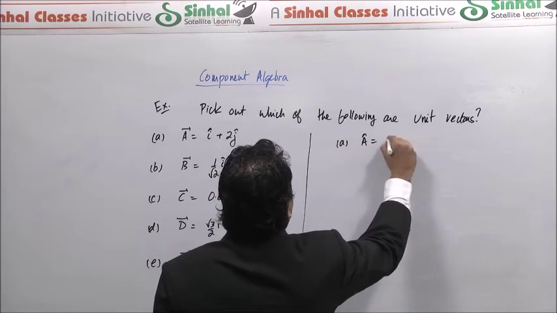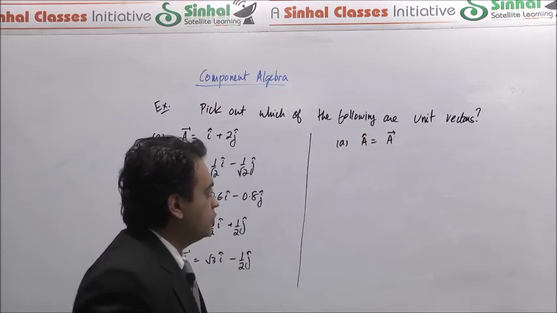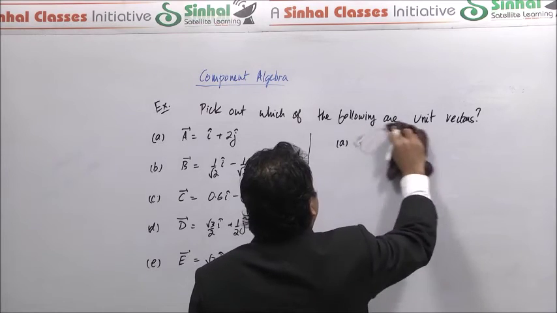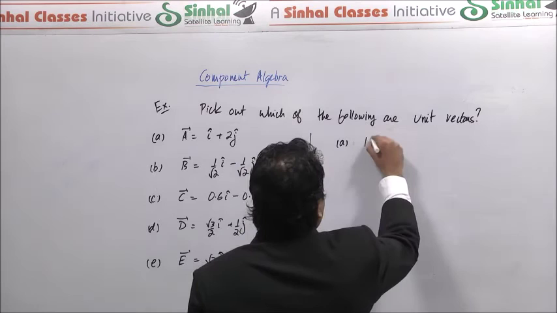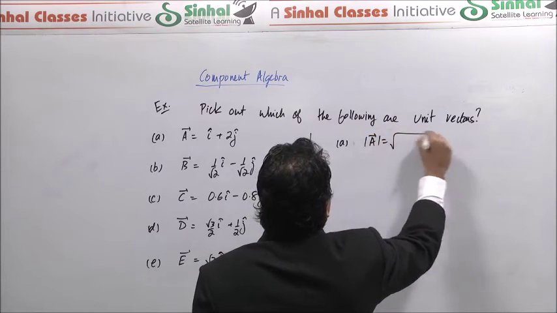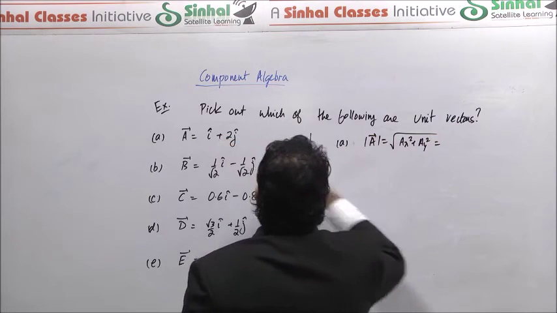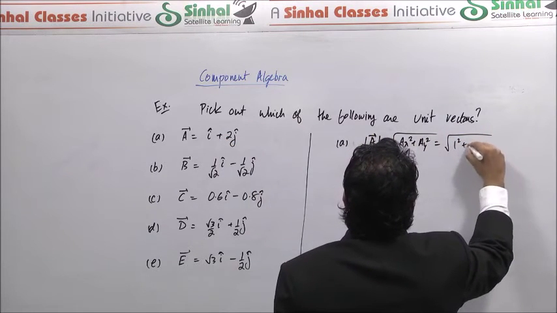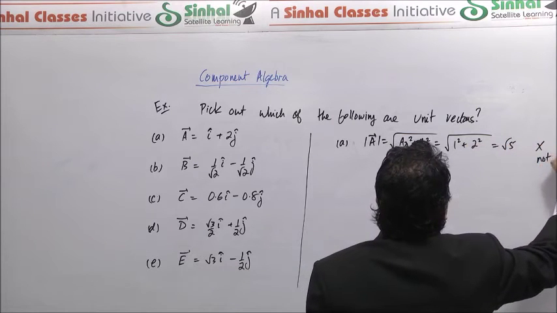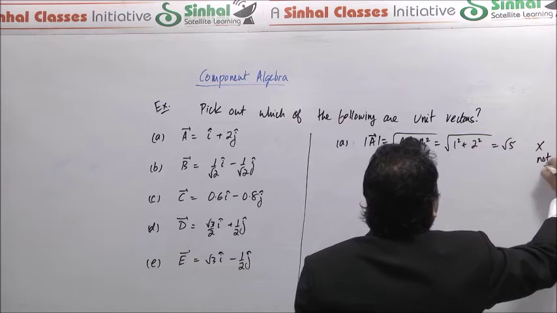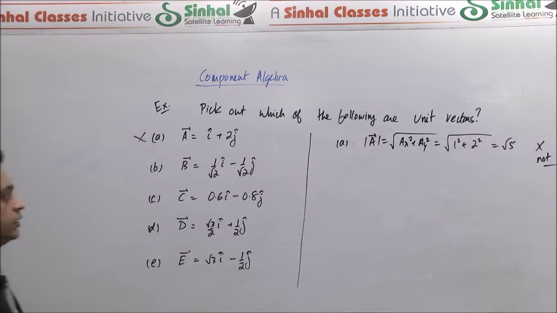The magnitude of the vector A is the square root of Ax square plus Ay square, which here is the square root of 1 square plus 2 square. That is root 5. So this is not a unit vector.